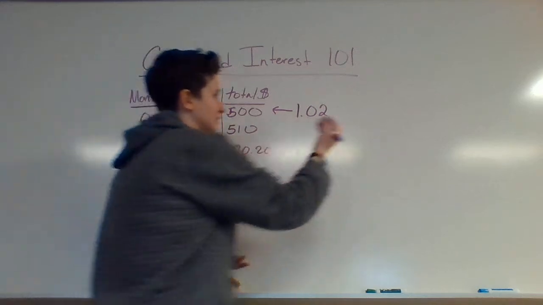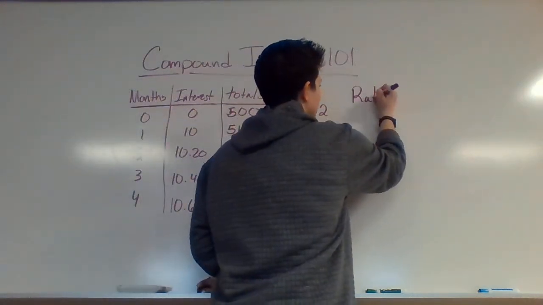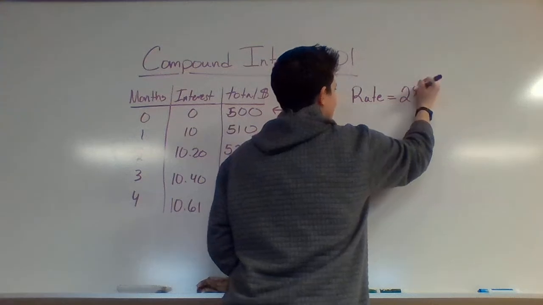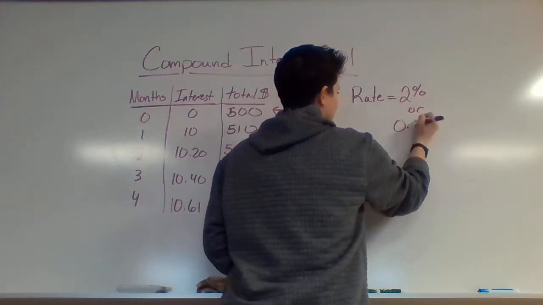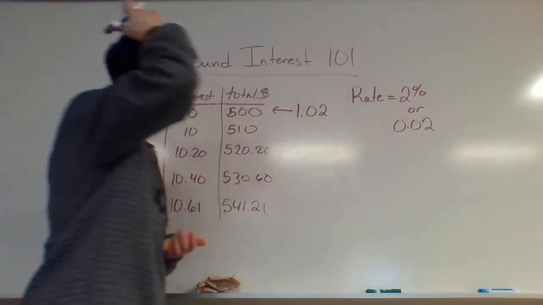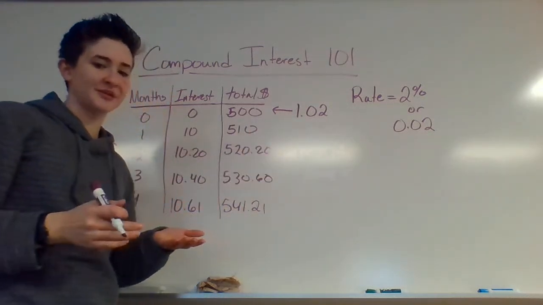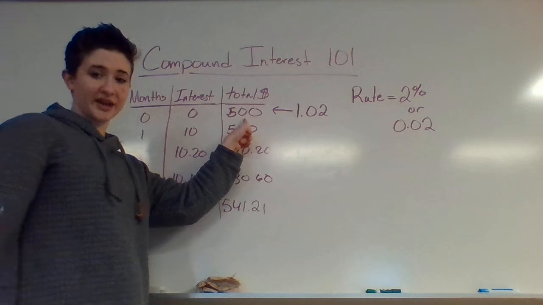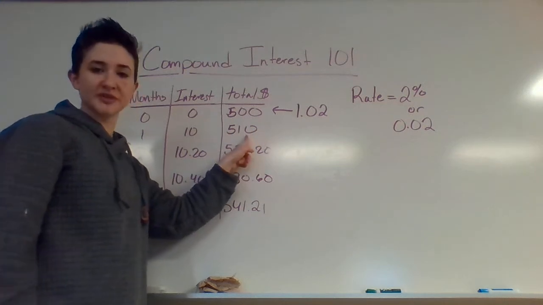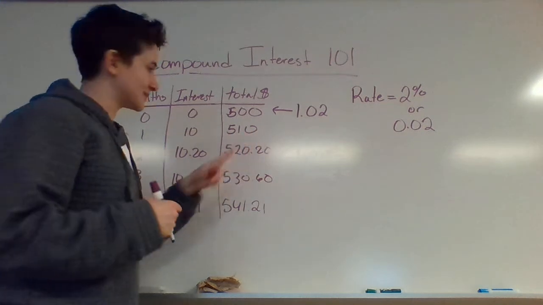Because if you recall, my rate was 2% or 0.02. So what happens here is I basically multiplied it by 102%, which gives me back the answer I had, plus an additional 2%.